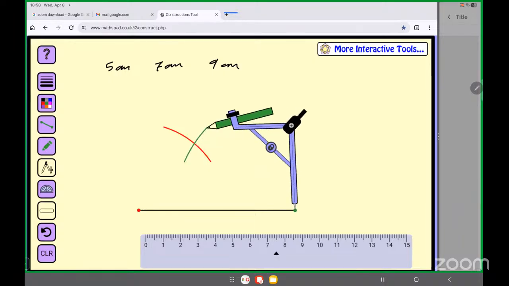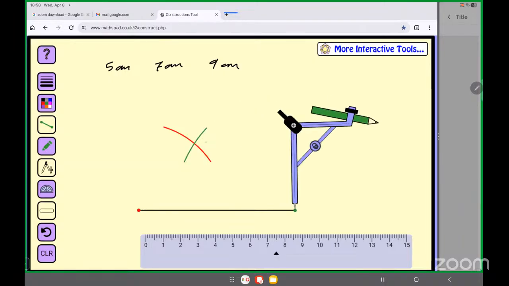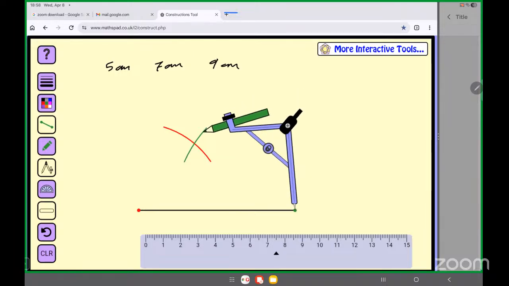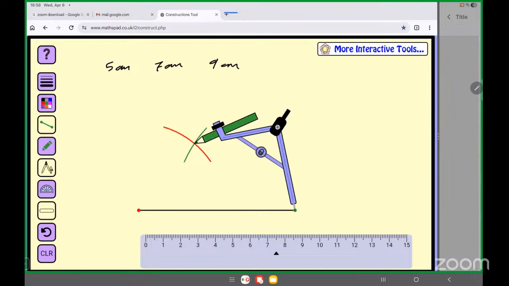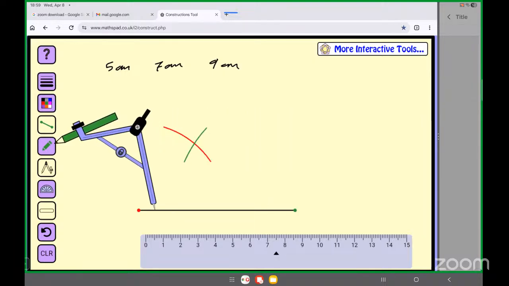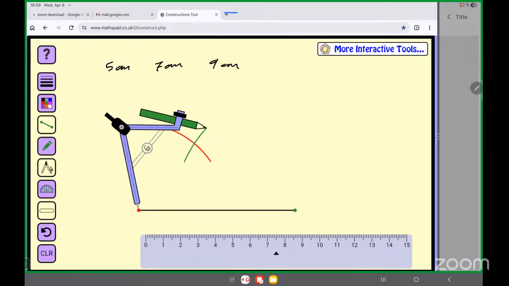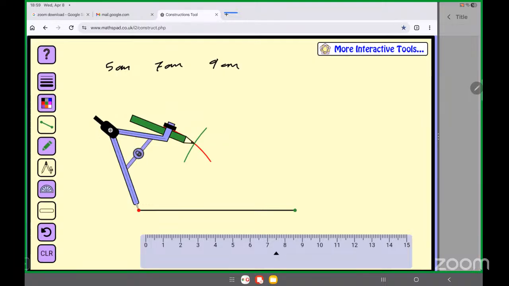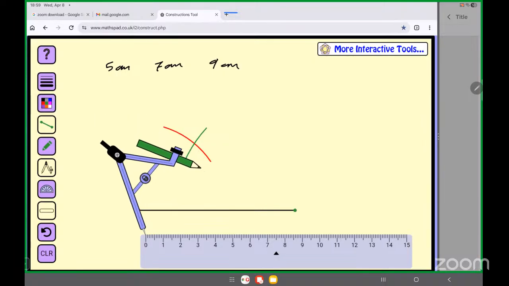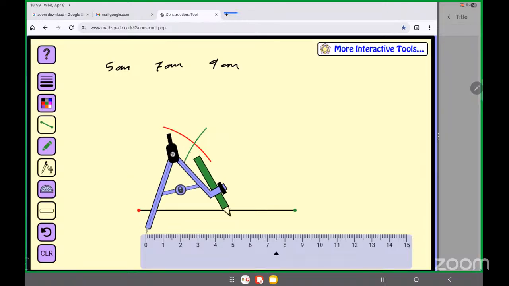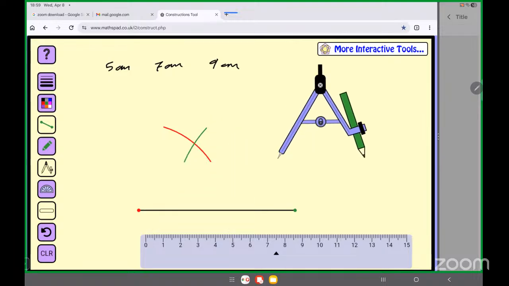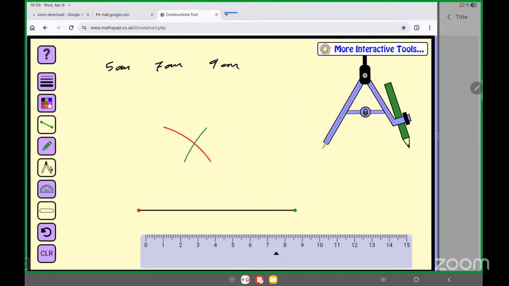That point is 7 centimeters from this end, and at the same time, it is 5 centimeters from the other end. So that point is 5 centimeters from the red point and 7 centimeters from the green point.